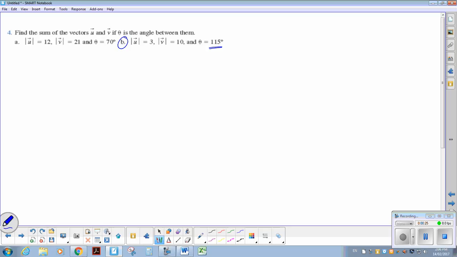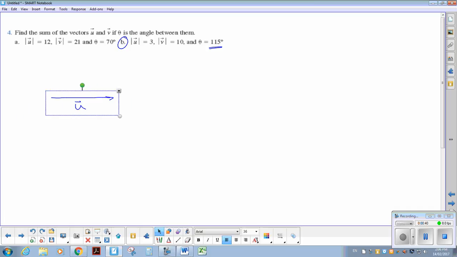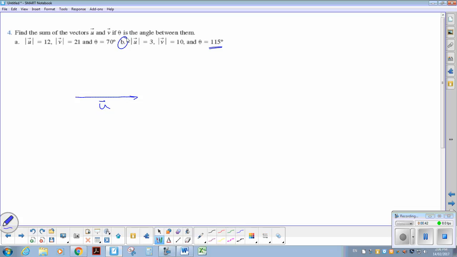So if we were to arrange it, finding the sum of the two vectors, we would say vector u goes across the horizontal. Vector v, the angle between them, is 115 degrees. So that means that I'll move my vector over. Vector v actually is over here. So there's the 115 degrees. All right.